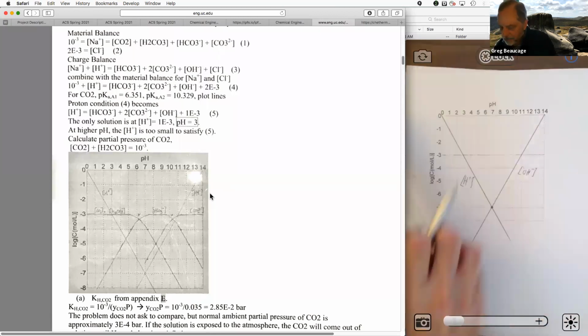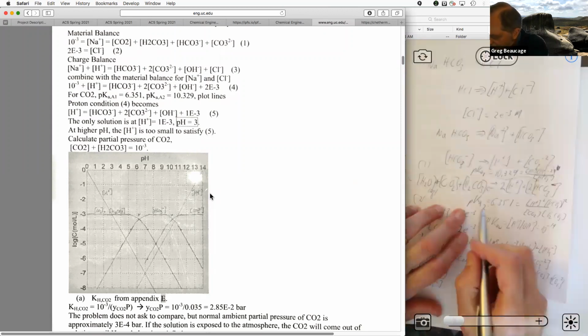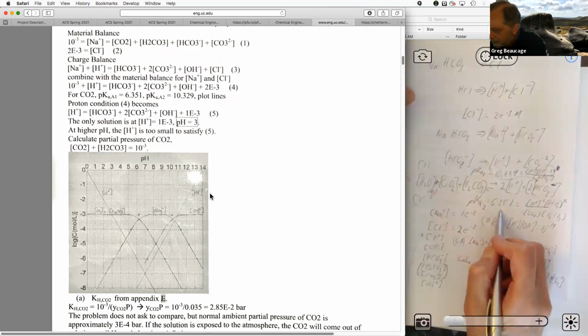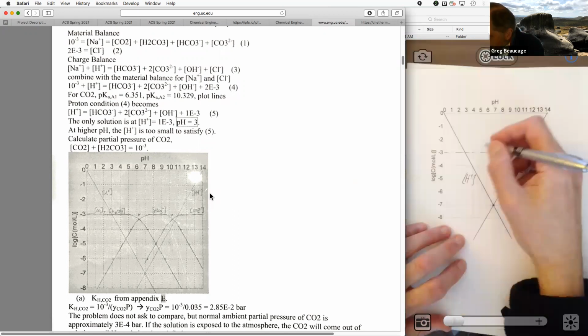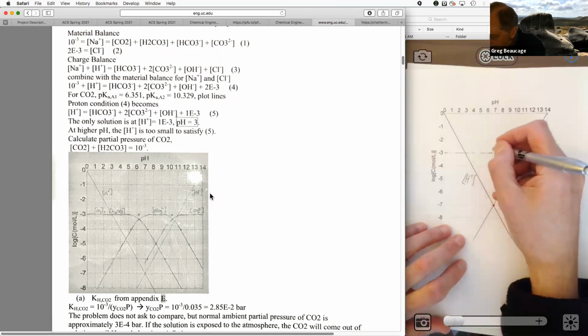And then we can put in our Ka values, right? So we have our pKa. The pKa for number 2 is 6.351. So 6.5, 6.25 is here. I'm looking for 6.351, which should be right there in between.